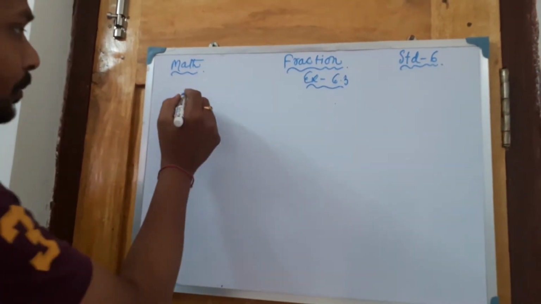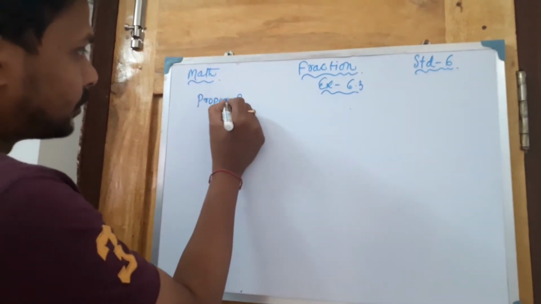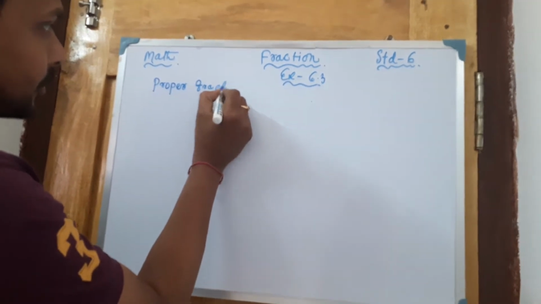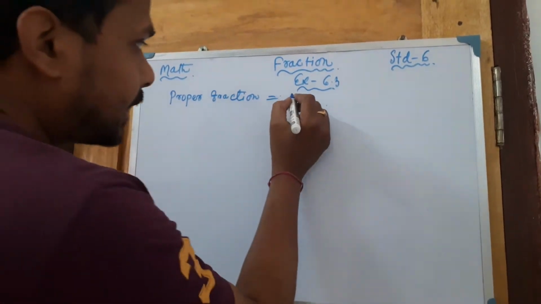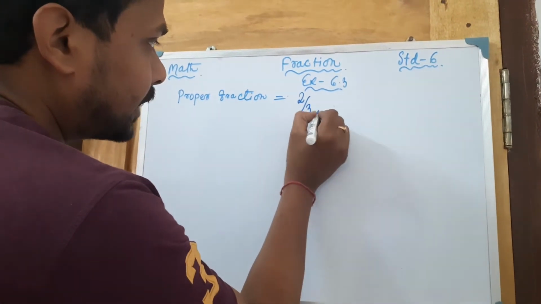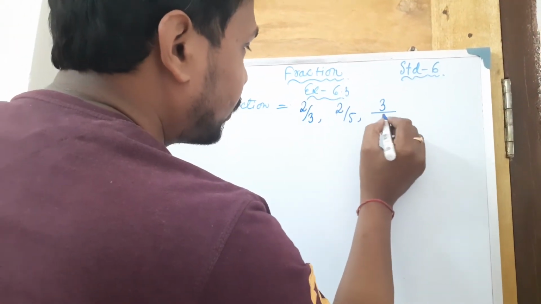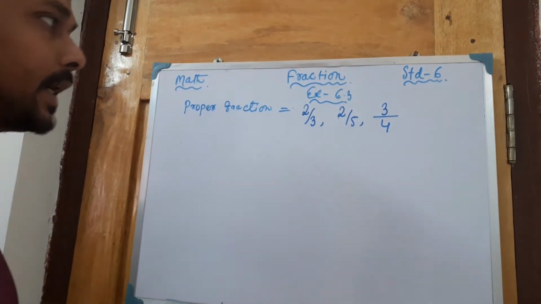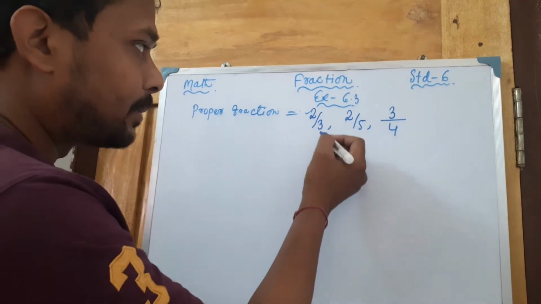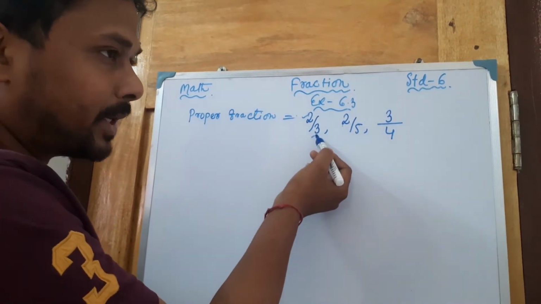First one is the proper fraction. What is actually a proper fraction? Suppose you write down numbers like 2 by 3, 2 by 5 or 3 by 4. You can check that the numerator is less but the denominator is more here.